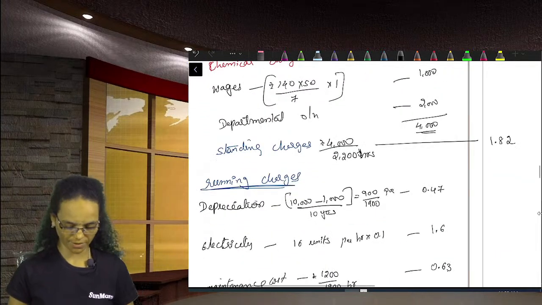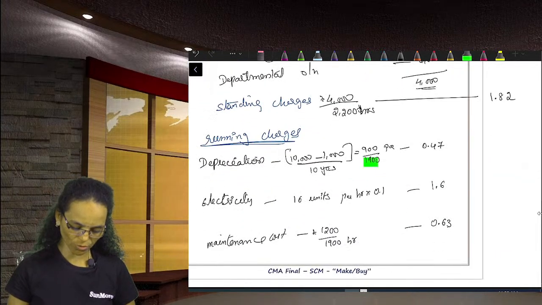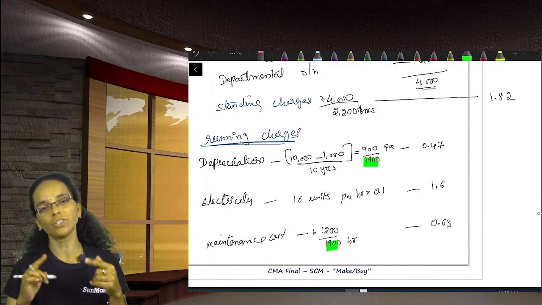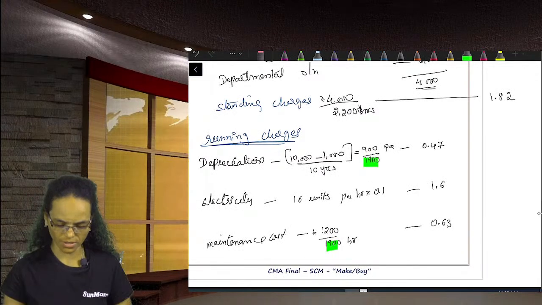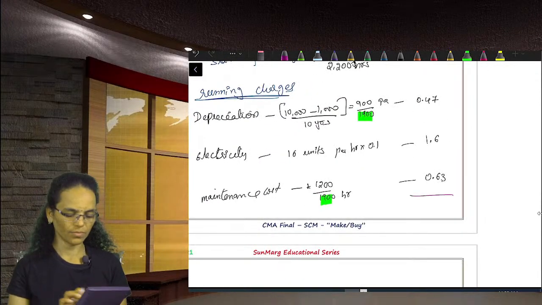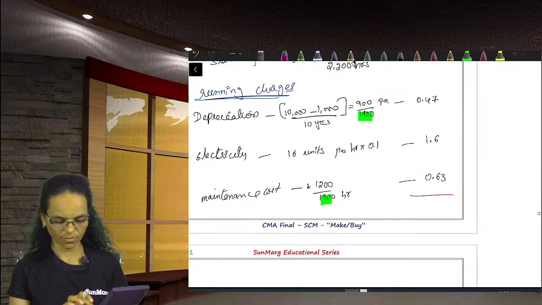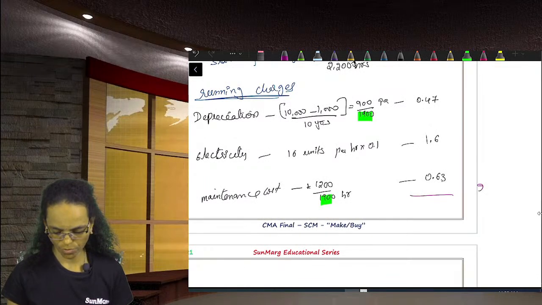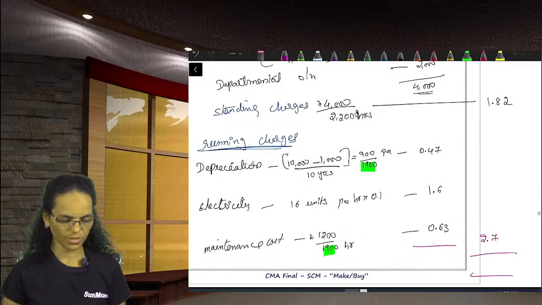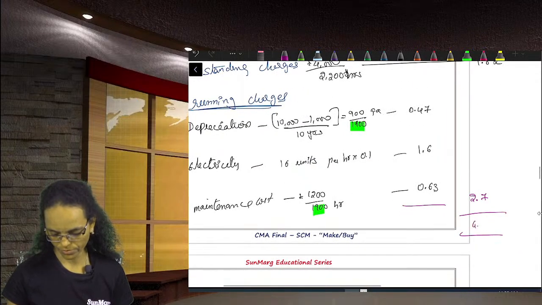This is the standing charge. But for the running charge we have taken only effective hours. For the fixed cost you always take the total number of hours. So 2.7 plus 1.82 is 4.52.